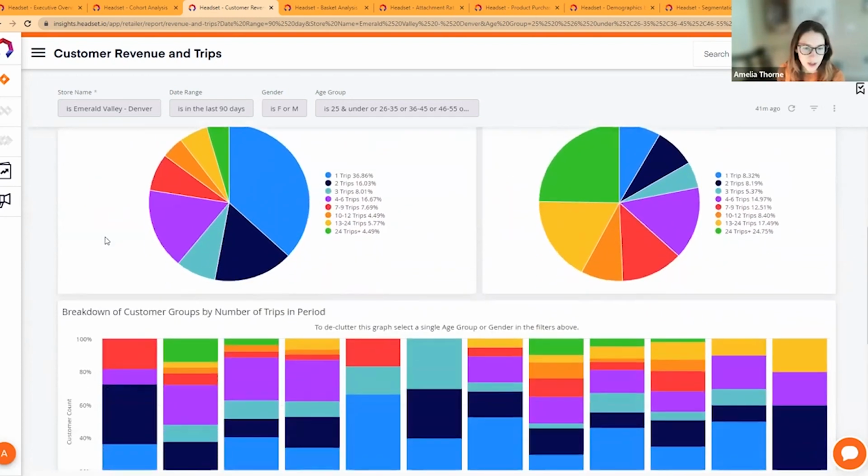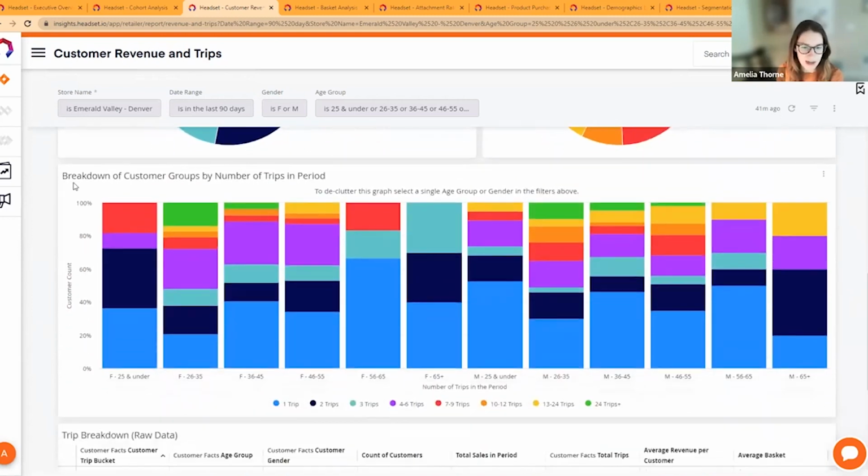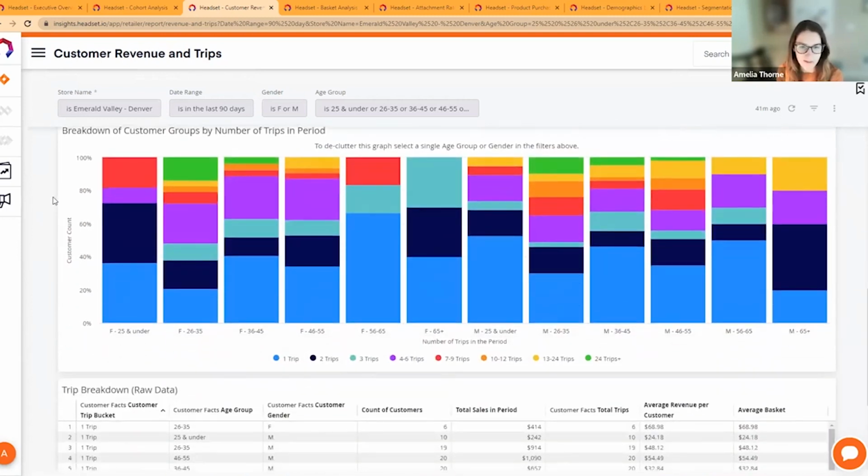There's a lot of fun graphs in this one. I'm not going to go through all of them, but this starts to really break down customers, revenue information, and then also breaking it out by demographics.